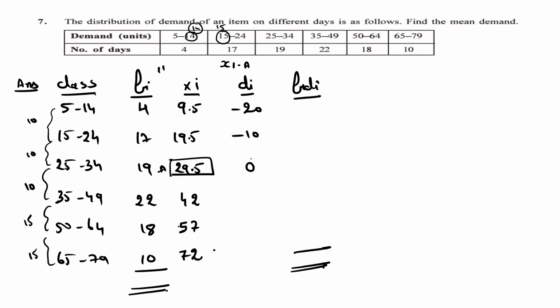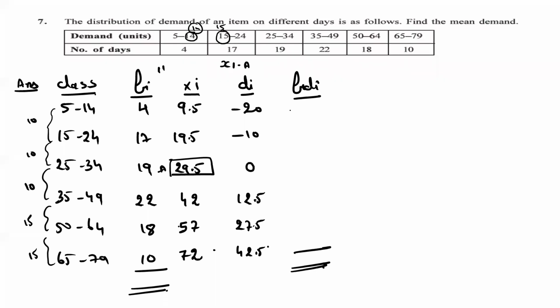Then 42 minus 29.5, how much? 12.5. 57 minus 29.5, how much? 27.5. 72 minus 29.5, 42.5. Okay, so these are our DI.